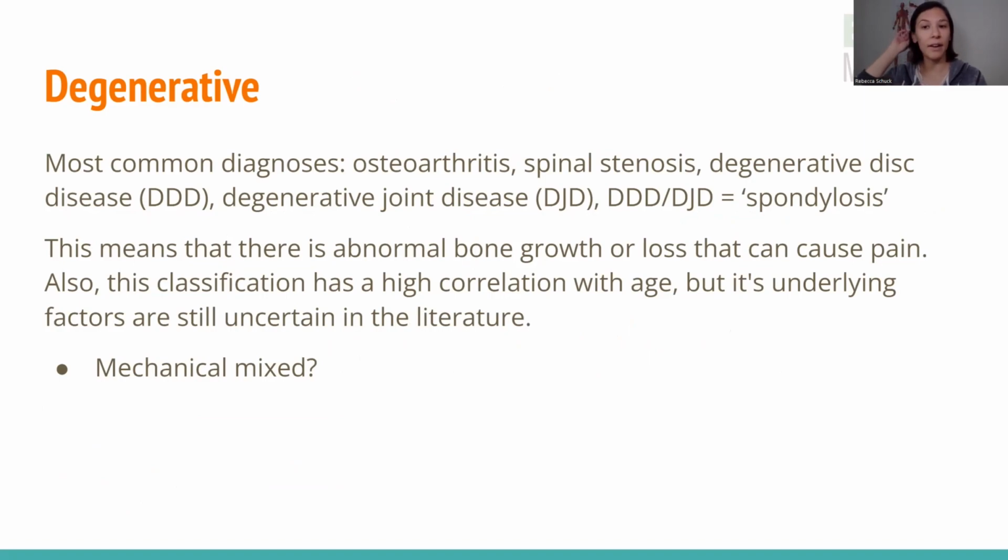Now, there is a lot of evidence to show a high correlation to age for this degenerative group, but the literature is still uncertain about this. And one thing I commonly see as a clinician is somebody who has both degenerative and mechanical etiologies going on. So clinicians have to consider this, and we have to work with both etiologies.